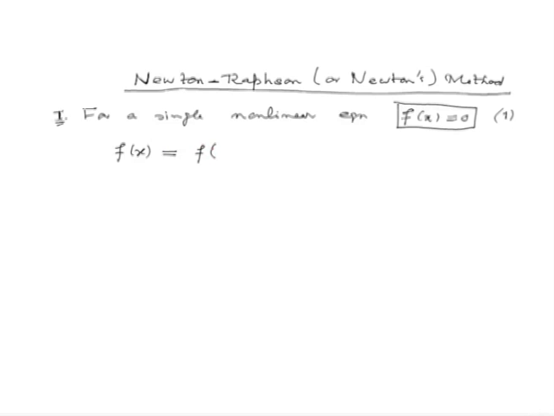So, around xk, expand it: f of xk plus (x minus xk) times df by dx at xk plus (x minus xk) whole square divided by 2 times d2f over dx square at xk plus so on.